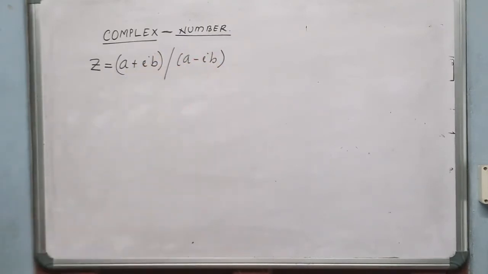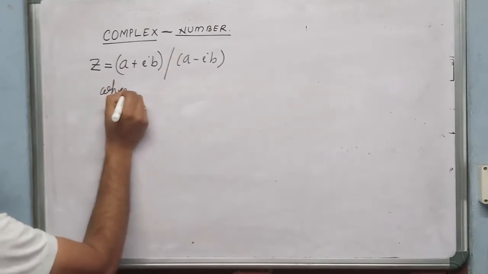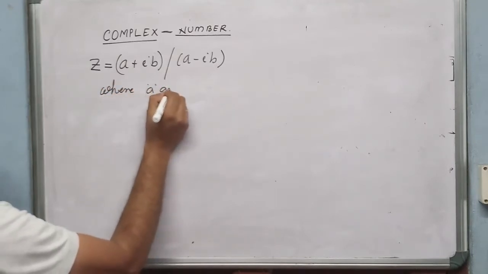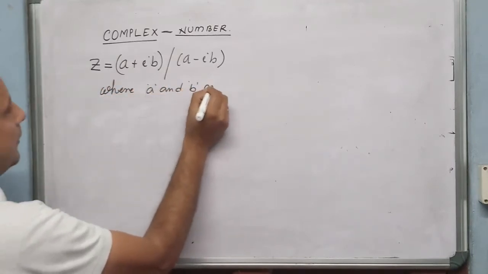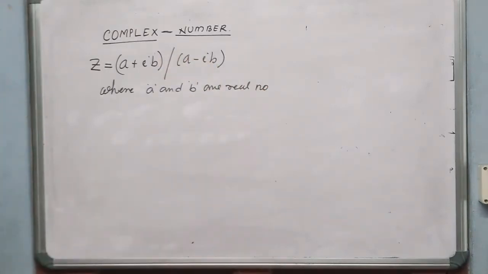These two are examples of a complex number, where A and B are real numbers.